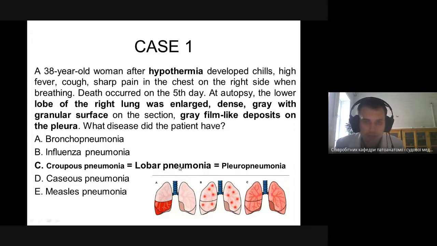And pleural pneumonia, because you see that those bacteria are just below the pleura, and they go through it and infect the pleural cavity. So this condition is associated with pleuritis every time.